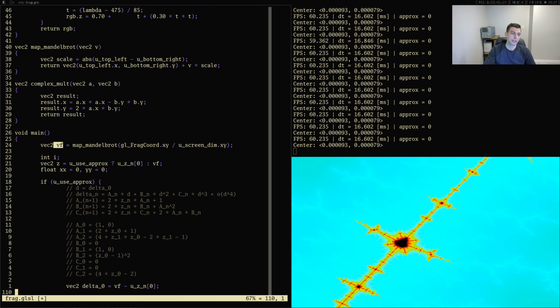So this point here, this VF is from 0 to 1. Sorry, this part is from 0 to 1. Then it gets passed in here and gets multiplied by this scale, which is small.